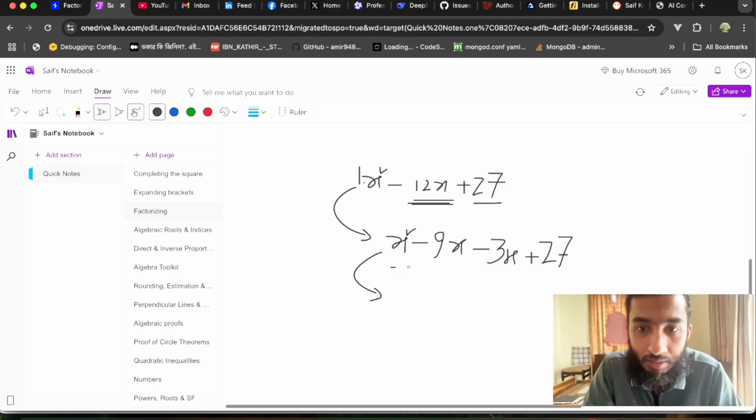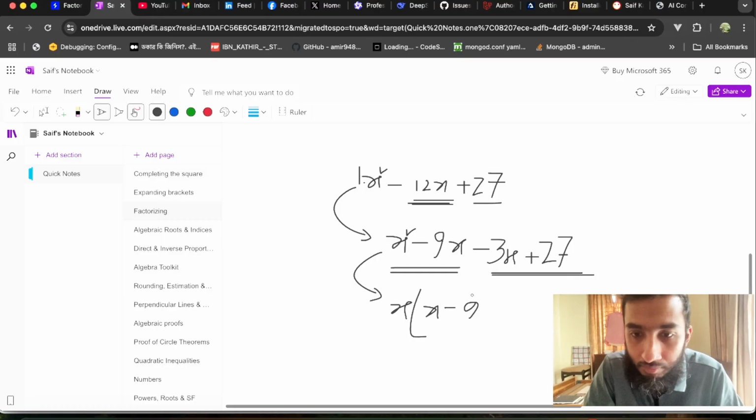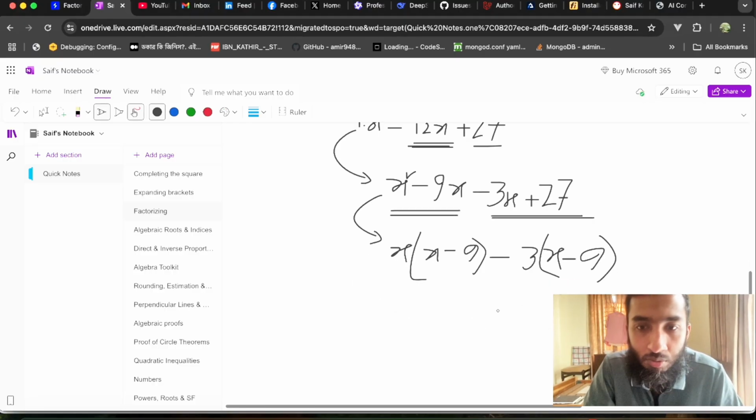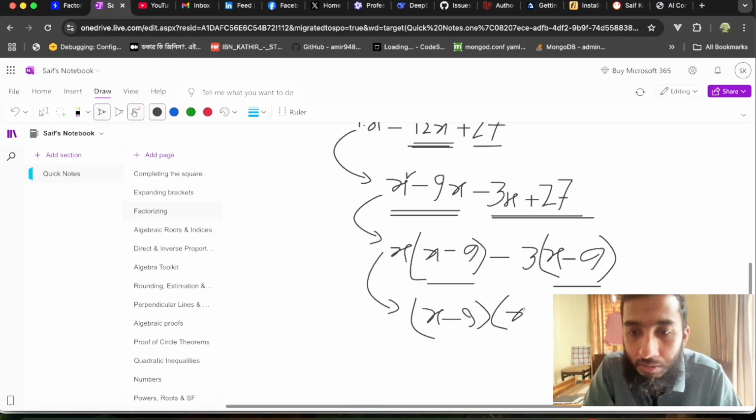Now I can use these two pairs of terms as products. I can write x squared minus 9x as x into x minus 9, and minus 3x plus 27 as minus 3 into x minus 9, since minus 3 times minus 9 is plus 27. So x minus 9 is the same here, and we can write x minus 9 multiplied by x minus 3.